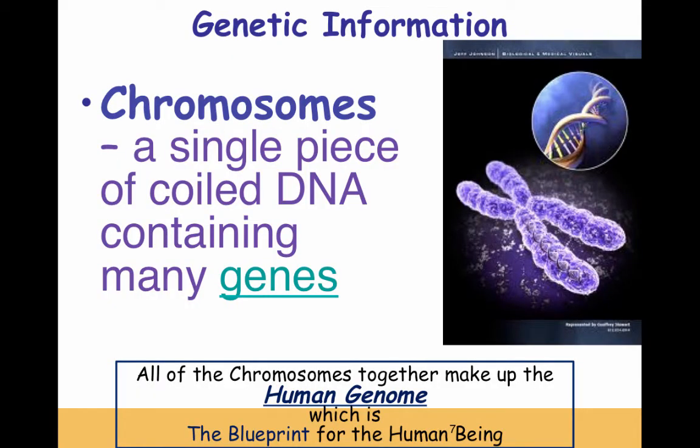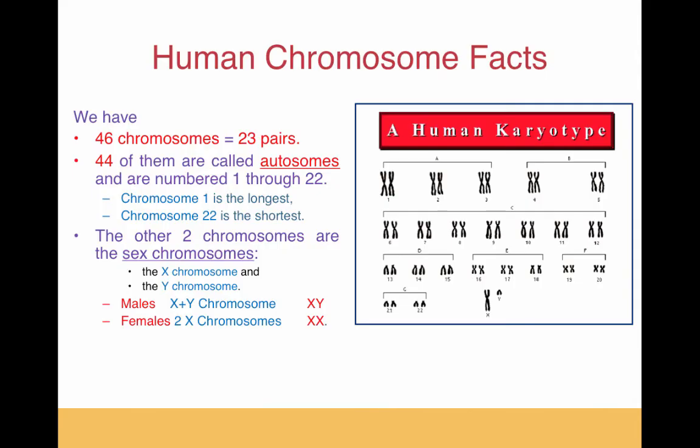Okay, so like I said, chromosomes are the X that you see in this picture. And a gene is just a section of DNA that makes up that chromosome. Okay? All right. This is a picture of a human karyotype.